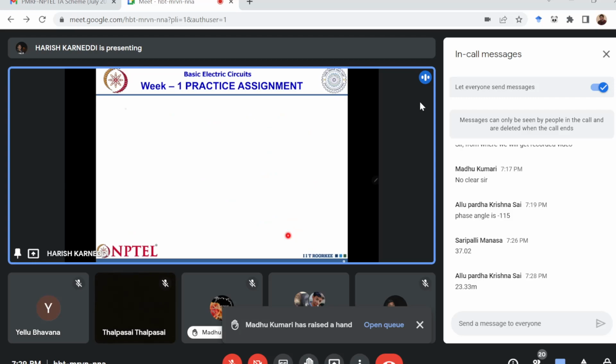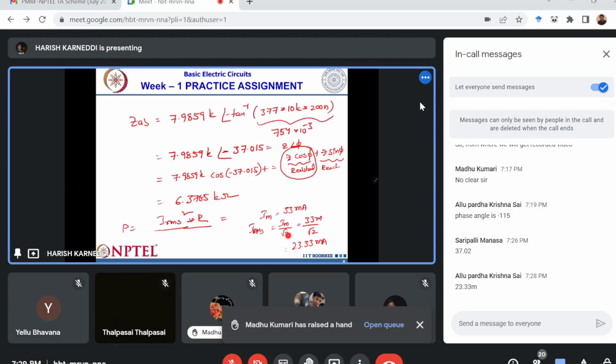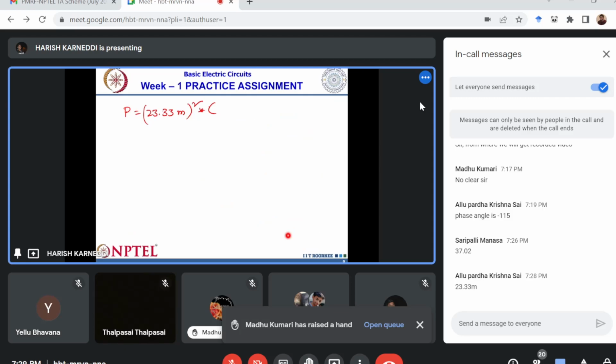Okay, then P equals 23.33 milli square into R, the resistance component, which is 6.3765 kilo. What is this value? 23.33 into 10 power minus 3 whole square into 6.375 into 10 cube.